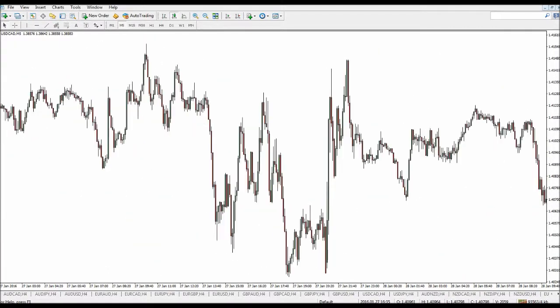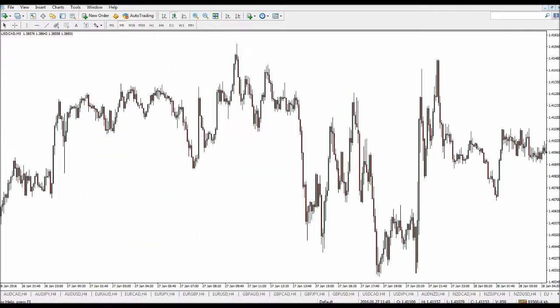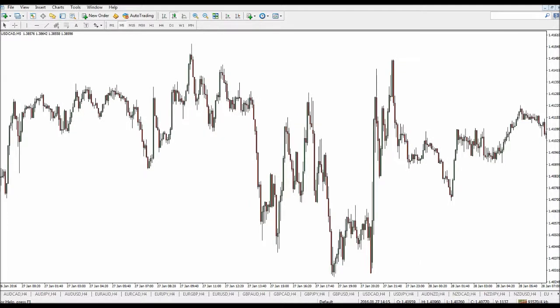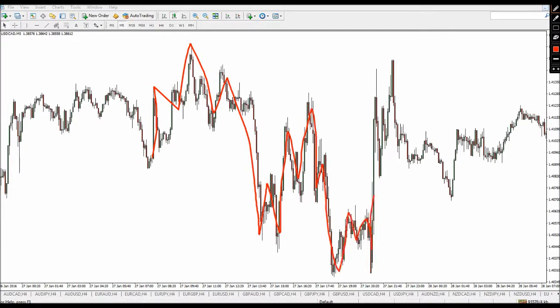Sometimes that's referred to as a choppy market, like here. Price looks very messy and there is no clear direction. It's just all over the place. Something like this. And there's no real direction to price.